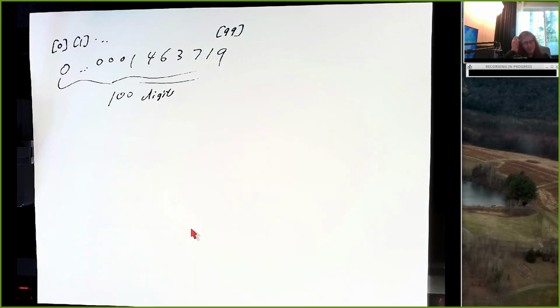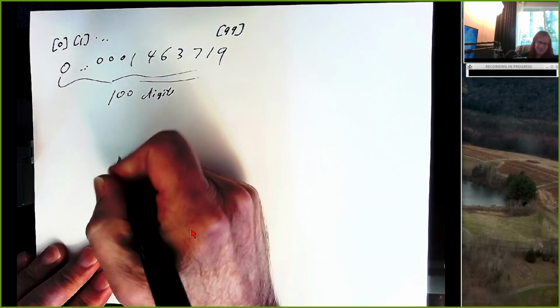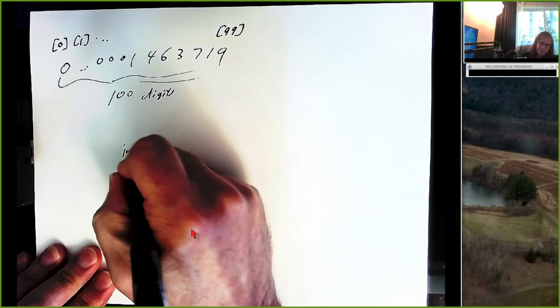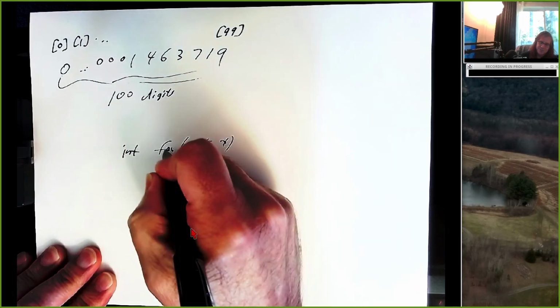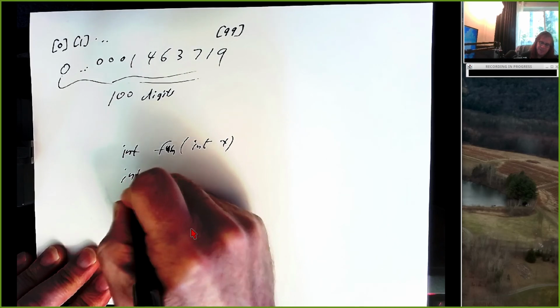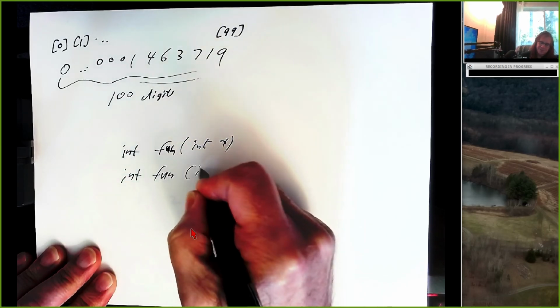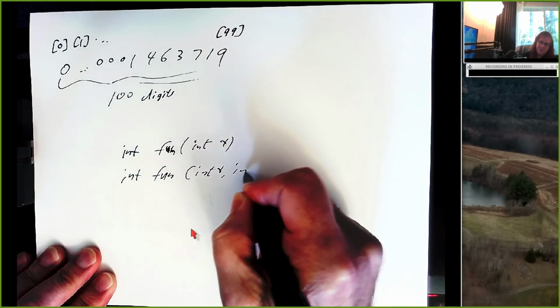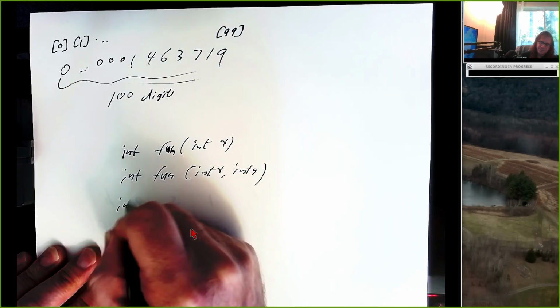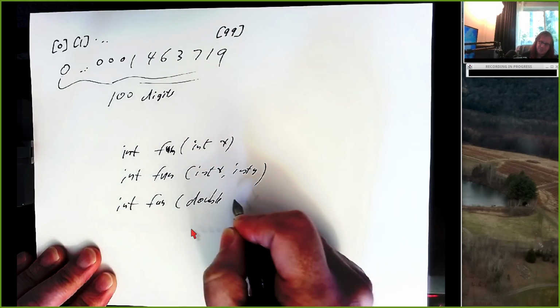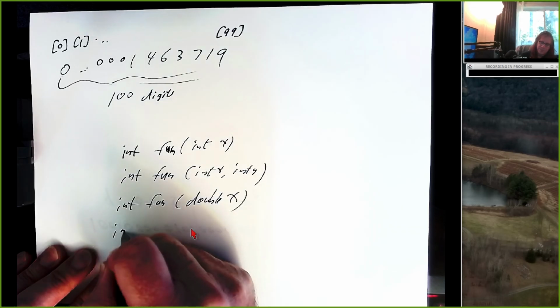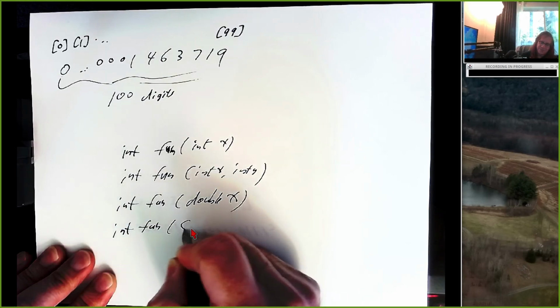In Java, you can have functions that take different numbers of arguments. And so I can have an integer function which takes an integer x. I could have an integer function which takes an integer x and an integer y. I can have an integer function which takes a double. I could have an integer function which takes a string.